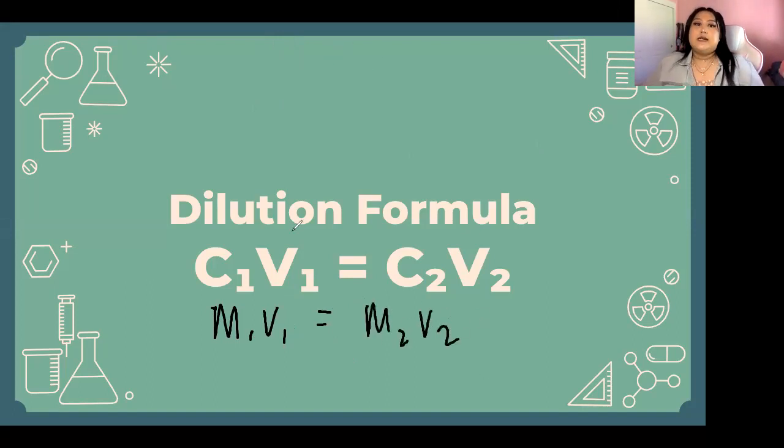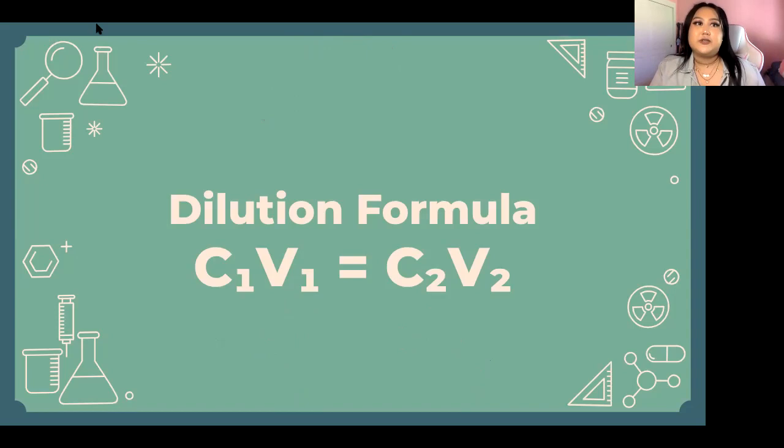Same thing. For dilution problems, it doesn't matter if your volume is milliliters or liters. It should have the same ratio, as long as they're the same on both sides. So just be consistent with your units and you should have the right answer.